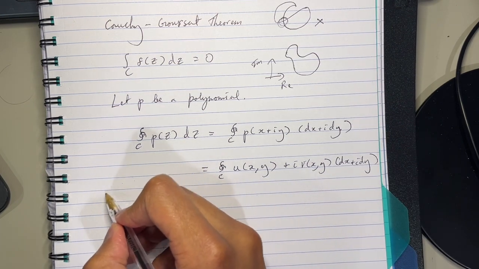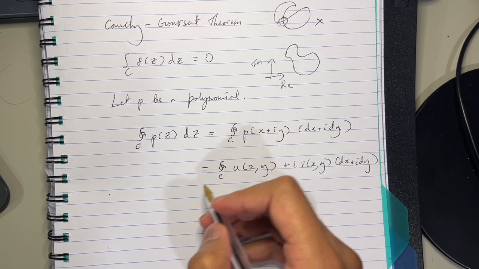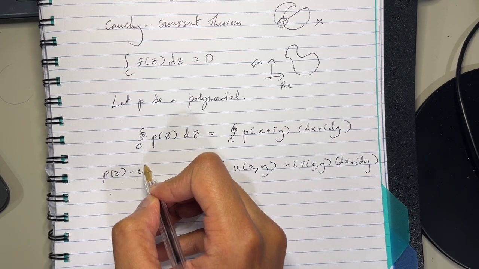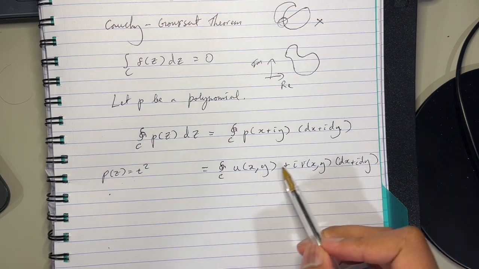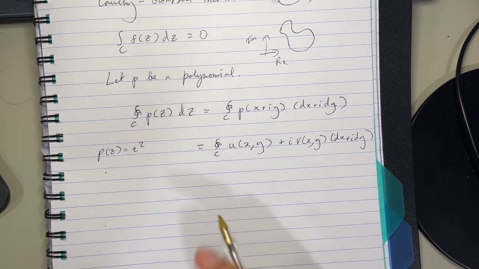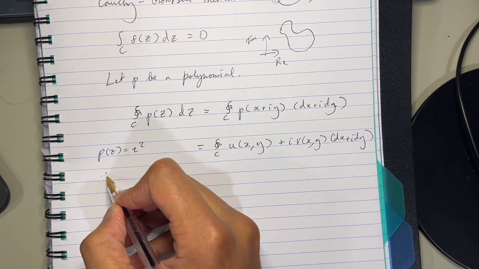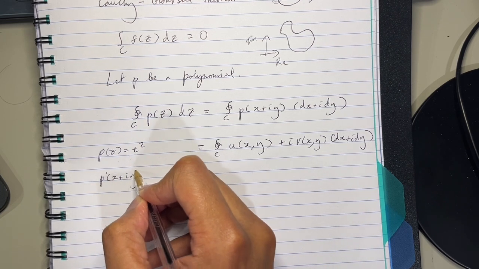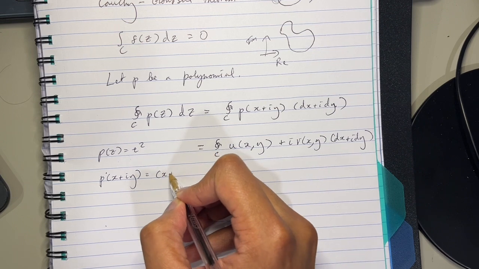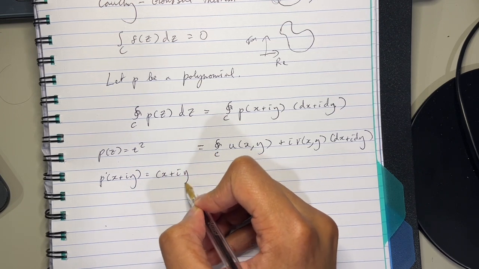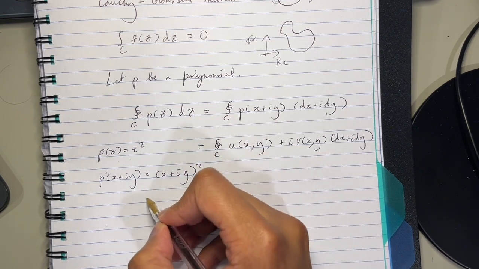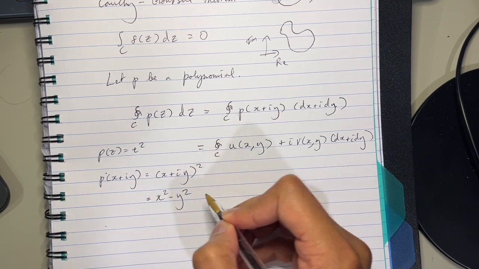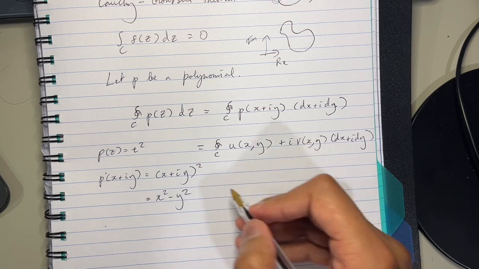So just an example. Suppose a polynomial is p of z equals z squared, right? What would u and v look like? Well, then we have that p of x plus iy would be (x plus iy) squared, which is x squared minus y squared, which would be the u.